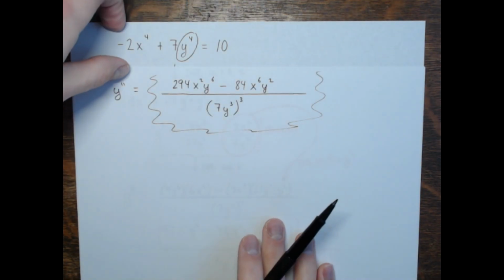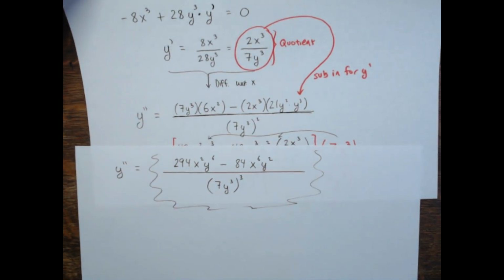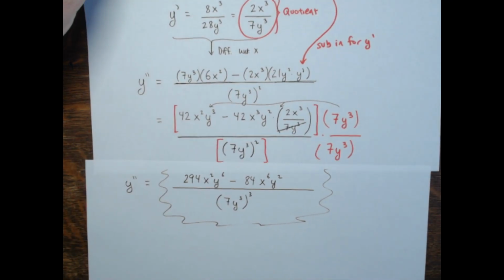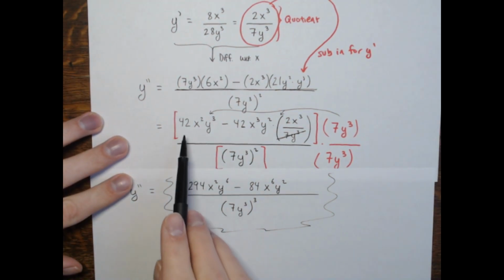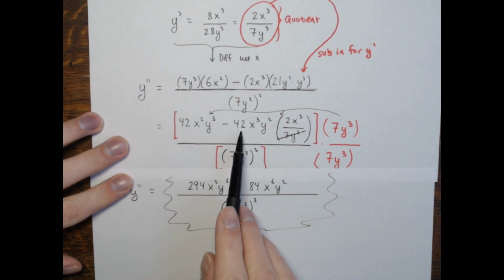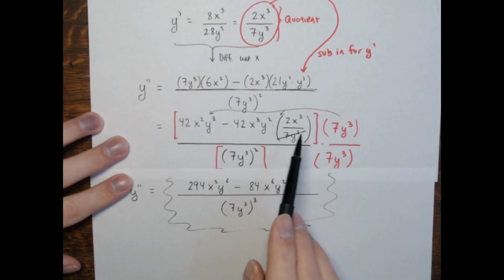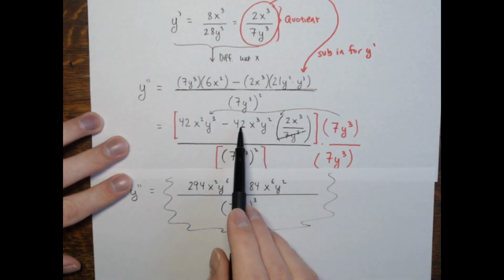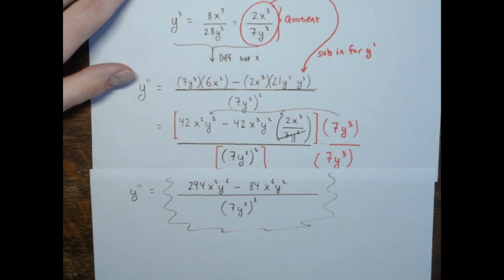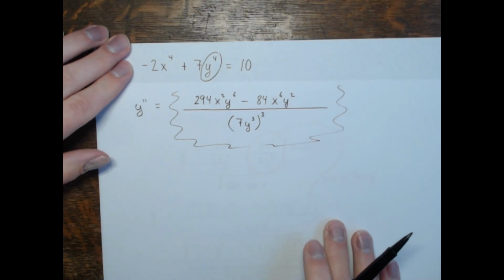so remember 294 and 84. All right, look at this, there's numerators. So you see how both of these had 42 in common here? For the 294, that was 42 times 7. And then this 84 is 42 times 2. So I'm going to pull out the common factor of 42 here.